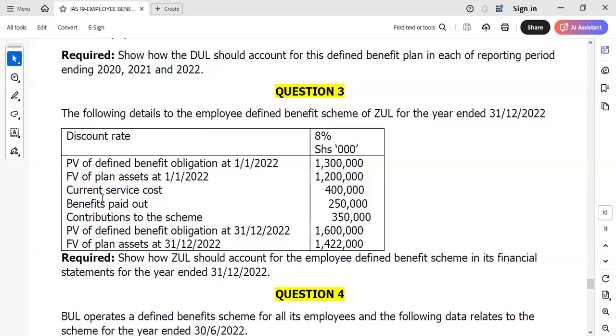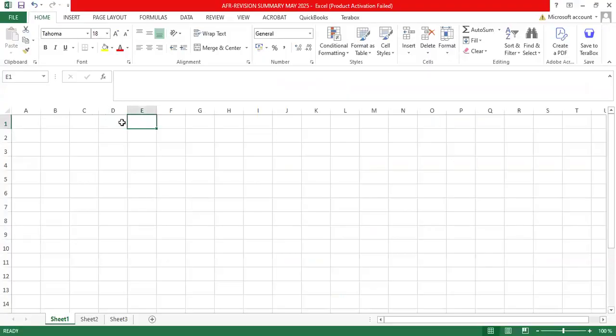So here, let's write something. This is question 3.